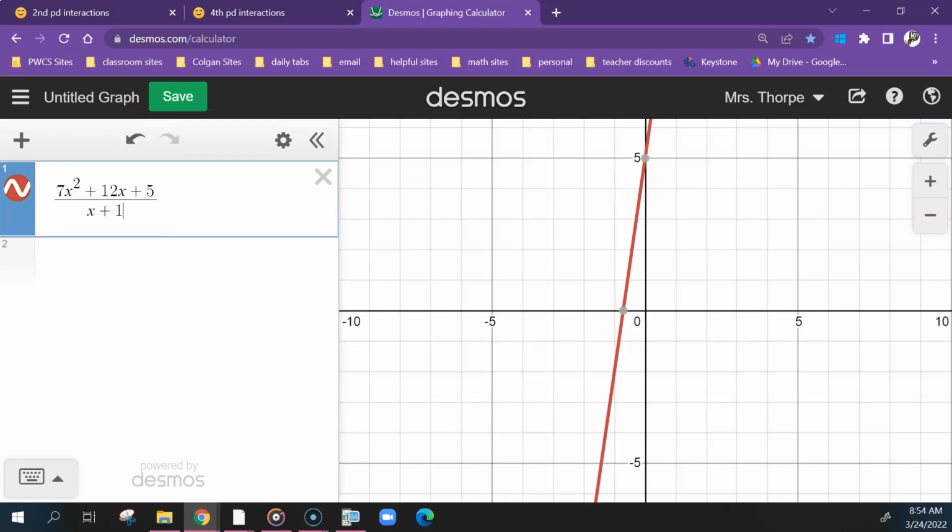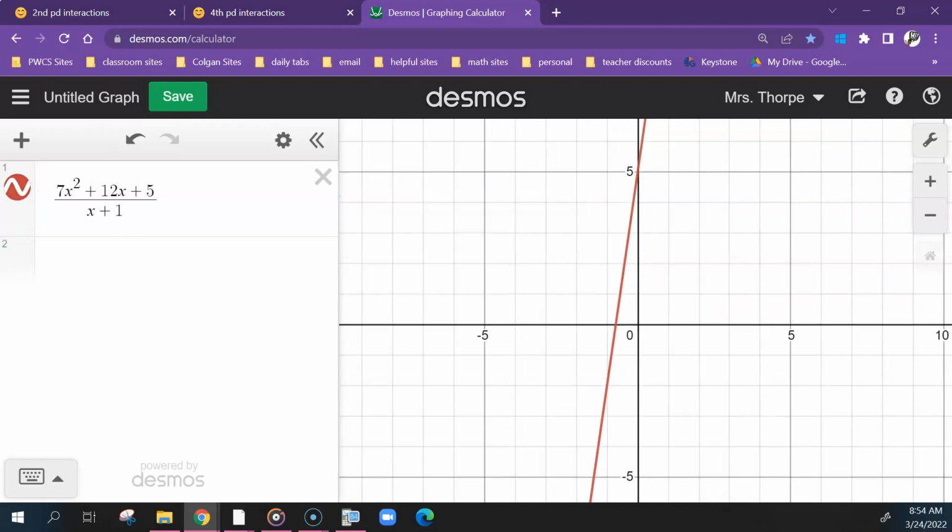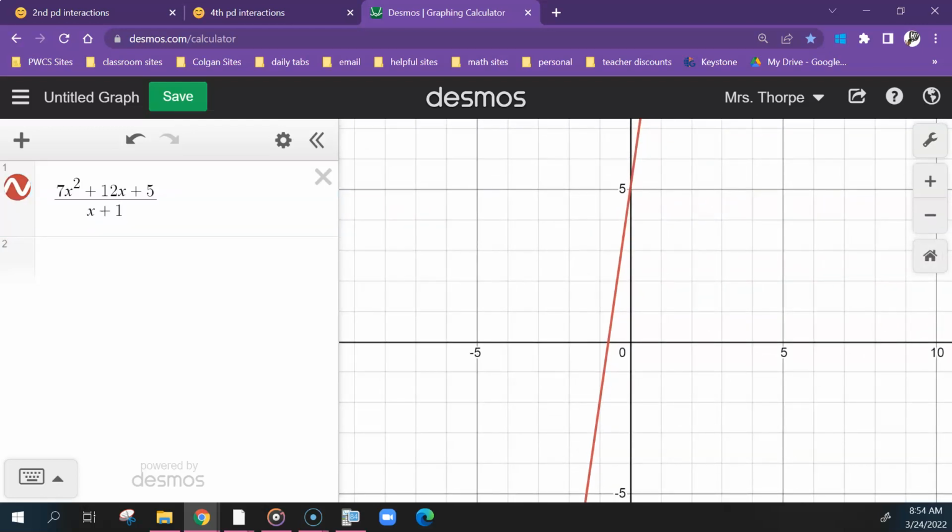So when you end up with that line, you could find your slope and y-intercept and look at it like that. So our y-intercept is 5, our slope is positive 7, so 7x plus 5.